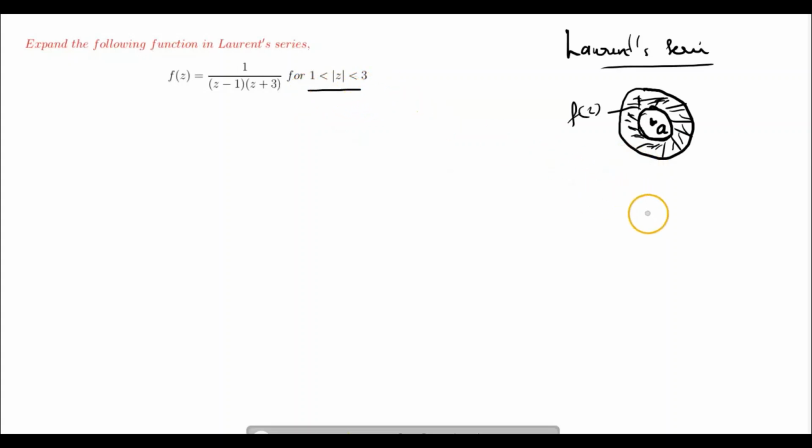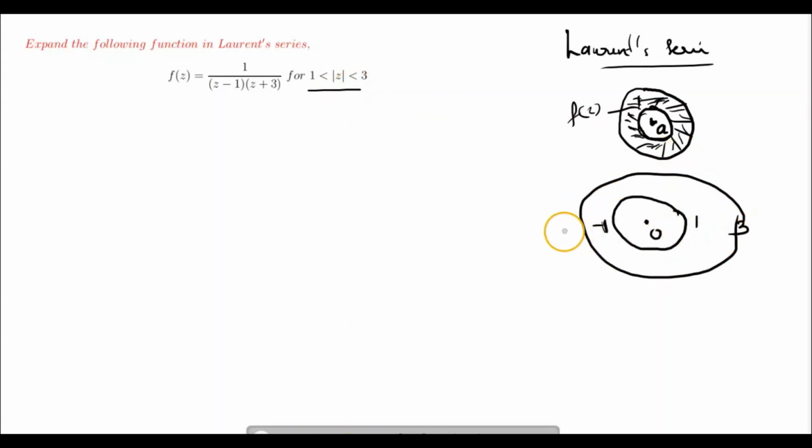Here we have 1 less than mod z less than 3. That means we have a circle with center 0, and the first circle has radius 1. This point is minus 1. The second circle is mod z less than 3, that is, a circle centered at 0 with radius 3. This is 3 and minus 3.